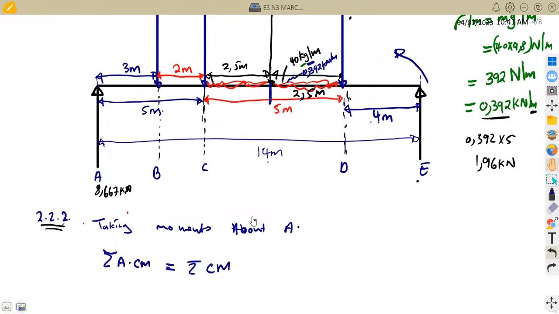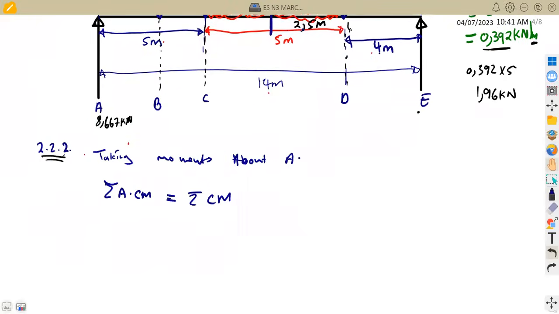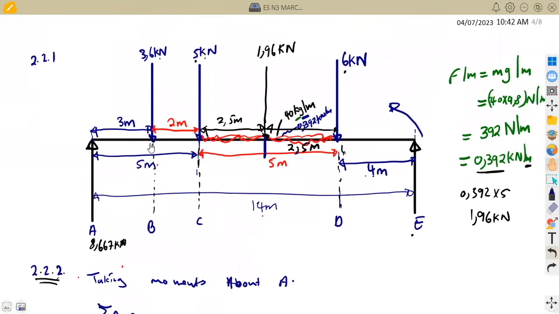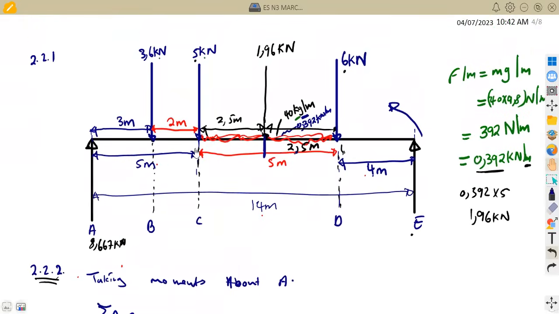So it's E times 14, which is the distance back to A. So that is E times 14, which is equal to the clockwise moments. We saw that all these are in the clockwise. So we are referring back to the point A. It's clockwise, clockwise, clockwise, clockwise.